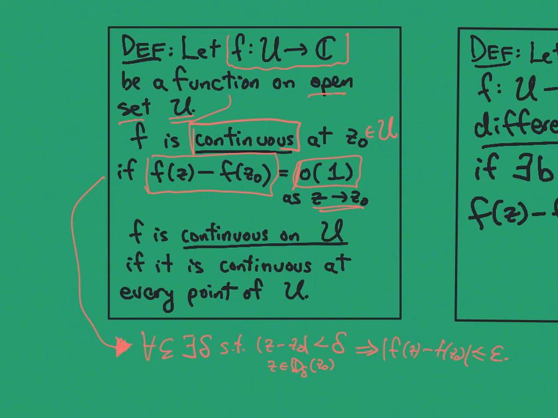So this is the usual epsilon delta definition of continuity, but it's efficiently captured with the little o notation. And now f is continuous on all of U if it is continuous at every point of U.